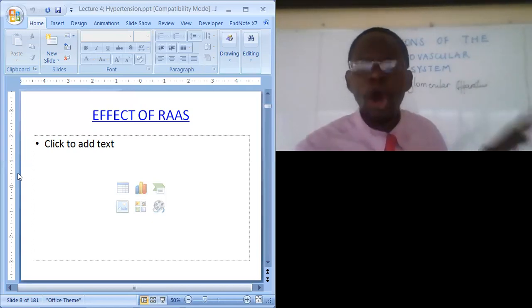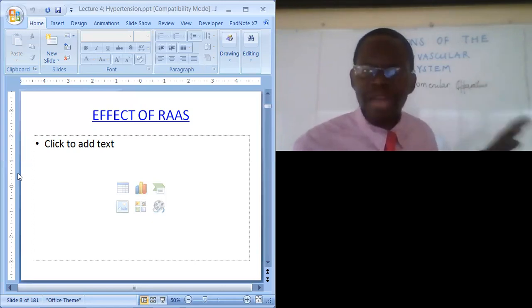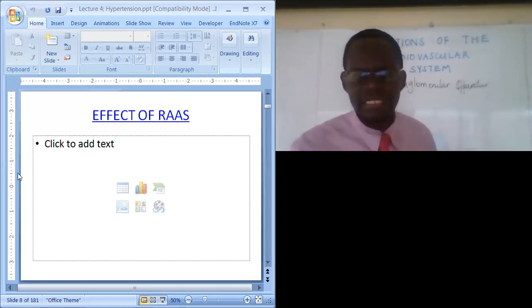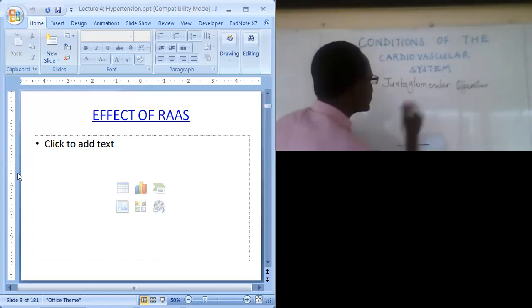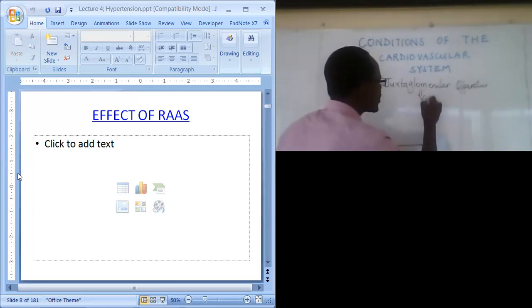Renin is a hormone produced by the juxtaglomerular apparatus within the nephron of the kidneys.